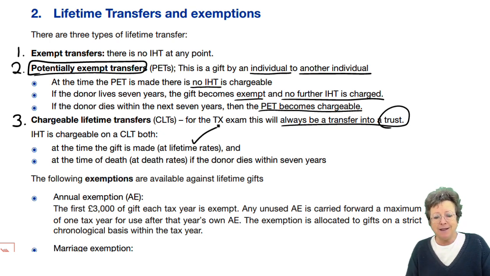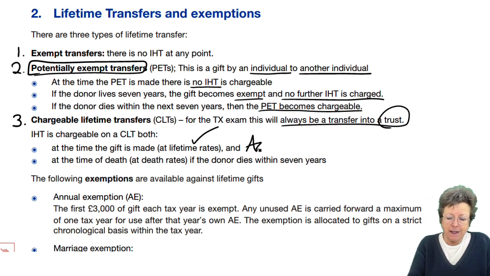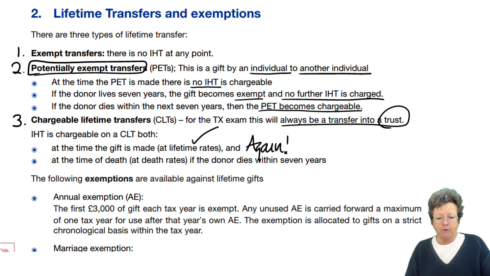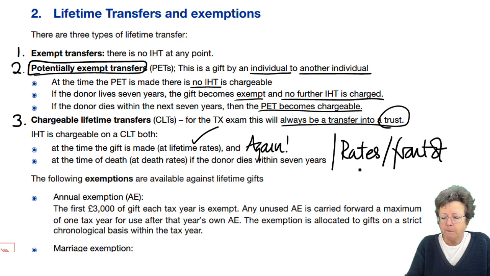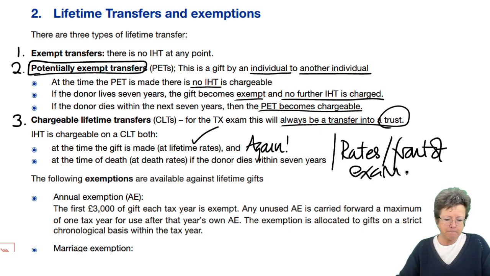And again, you will pay tax at the time of death if you die within 7 years. Now, the rates, as always, are at the front of your exam or the front of your manual, any test paper that you take.